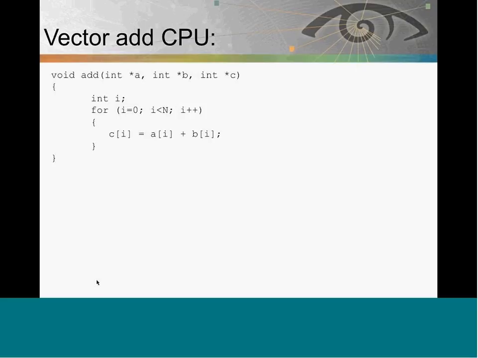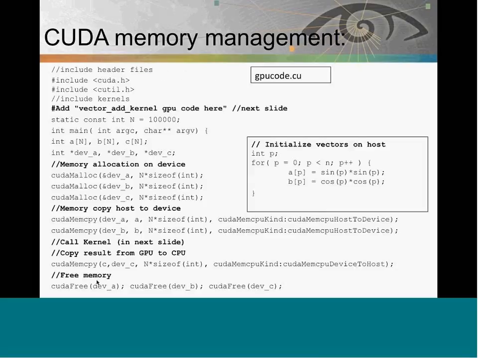Very simple CPU code. Let's talk about how the code looks. You use some header files, cuda.h and the CUDA utilities, and then you add the vector kernel GPU code, which I will show in the next slide.